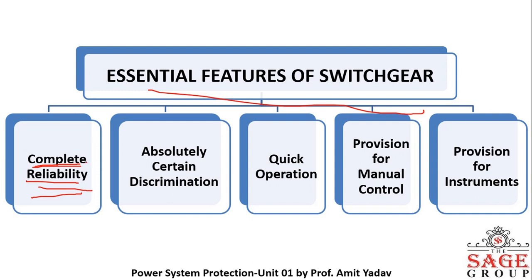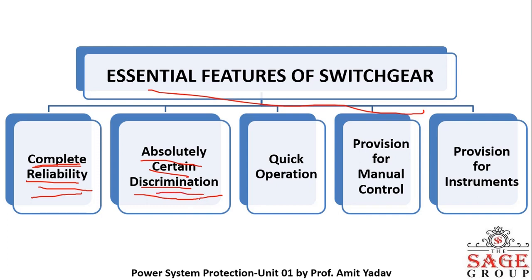Now the second is absolute certain discrimination. To define this feature, first we have to understand what discrimination means. Discrimination means differentiating. What does this mean for switchgear?